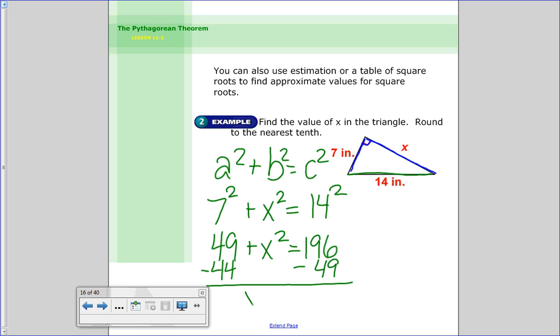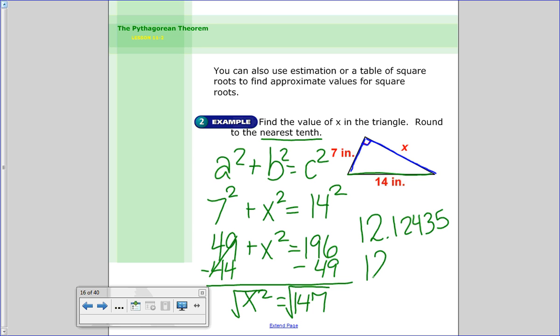And I'm left with x squared is equal to 147. Well, looking at it right away, I know that's not a perfect square. So let's square root it and see what we get. So the square root of 147 is 12.12435 basically. But they wanted it rounded to the nearest tenth, so I'll stop at 12.1 inches.